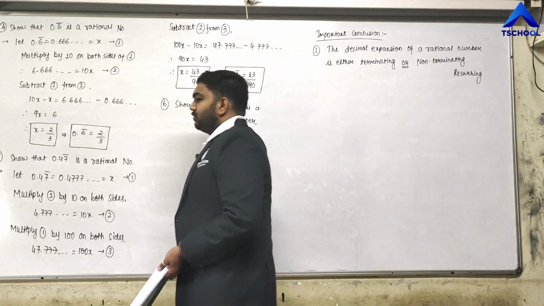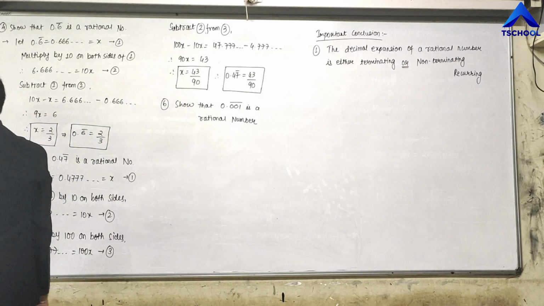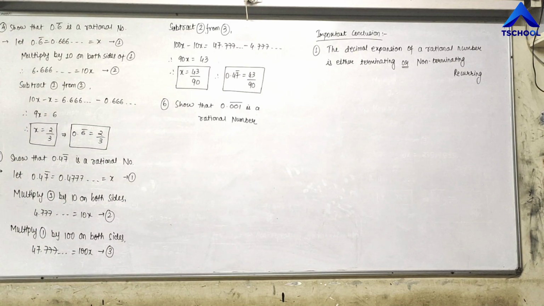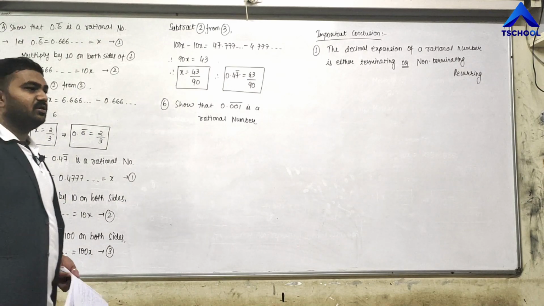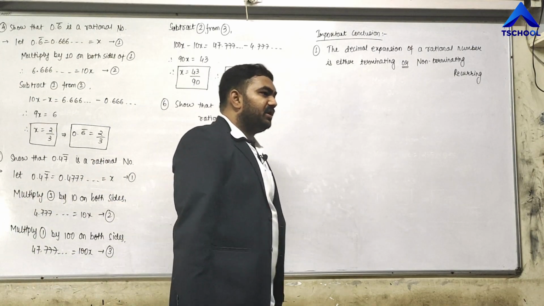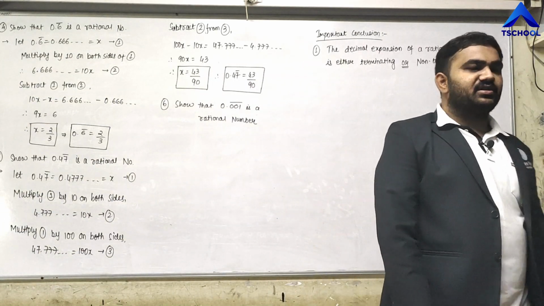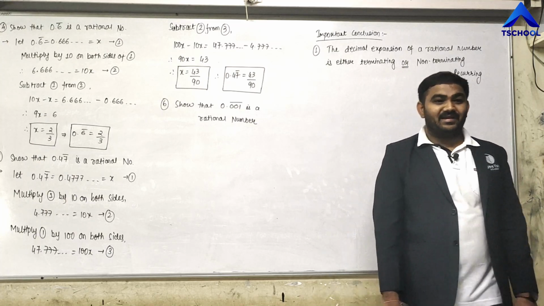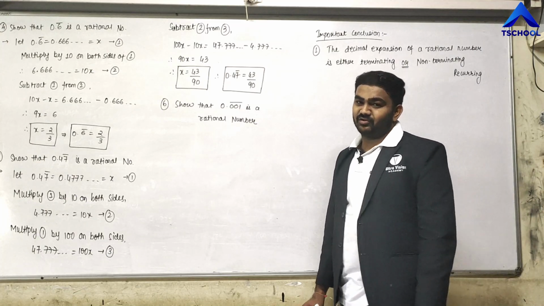That means whenever you have a decimal number with a terminating decimal expansion or a non-terminating recurring decimal expansion, then that decimal expansion shows a rational number.